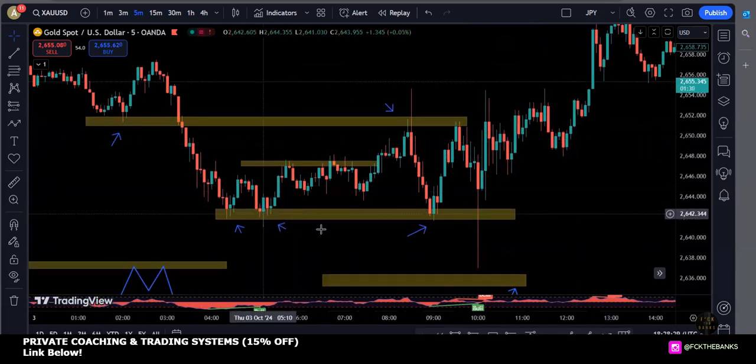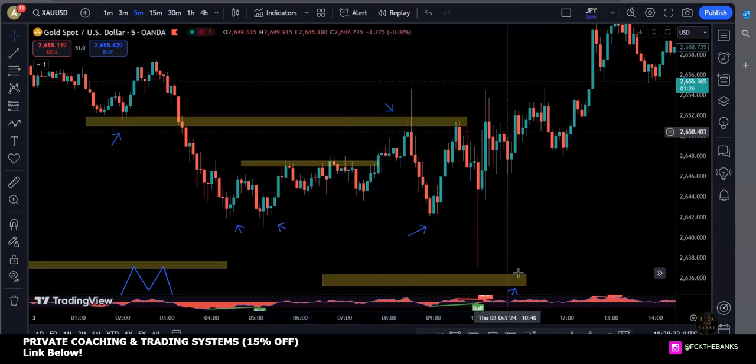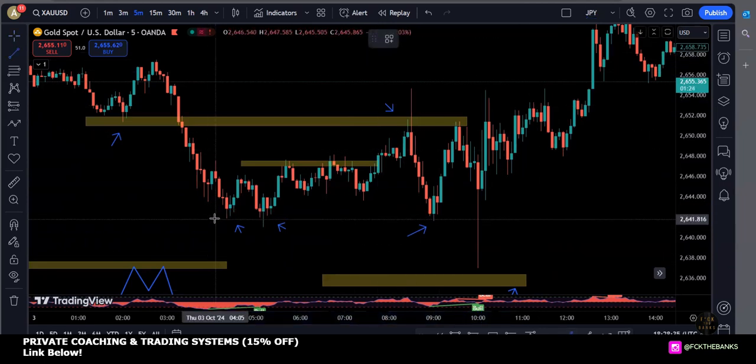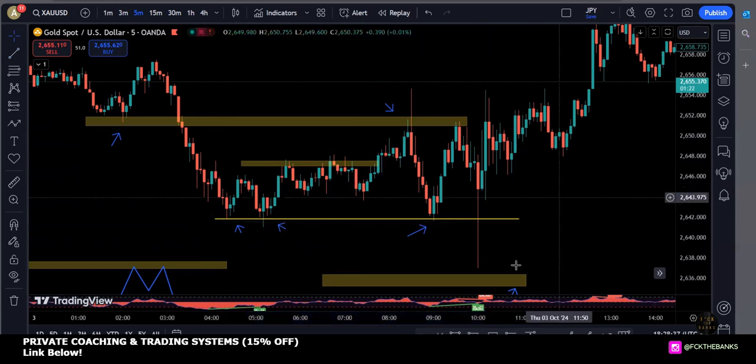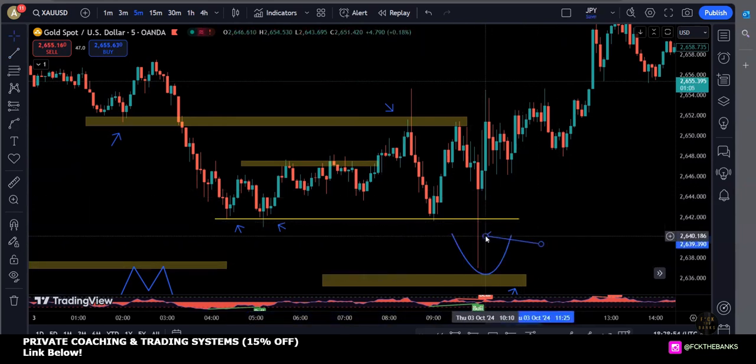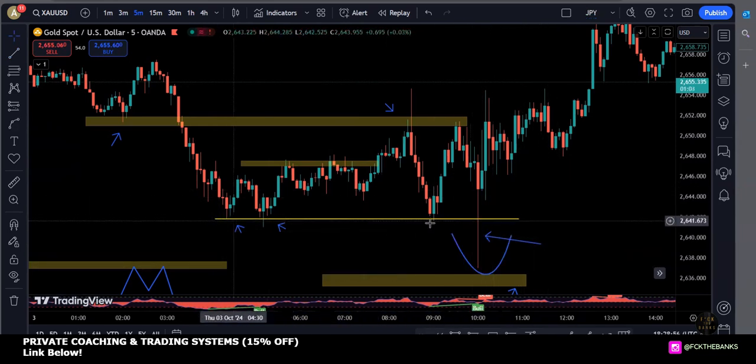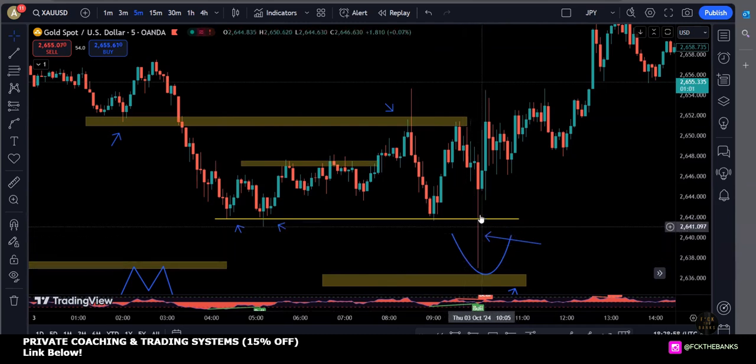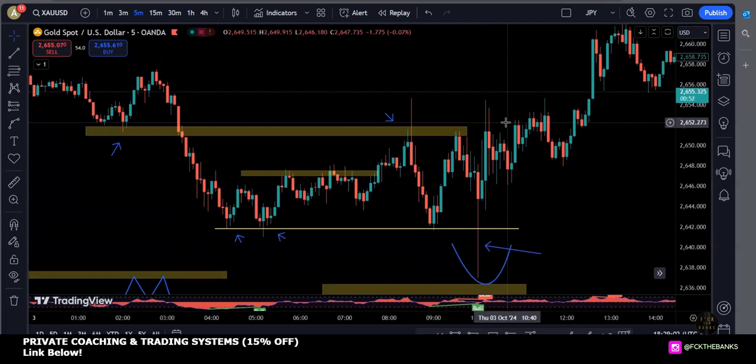This was our support, but now this can be a liquidity level. We had this huge wick, taking all the liquidity from this level, and now it's pushing price up. So that is a liquidity level, and that was support and resistance.